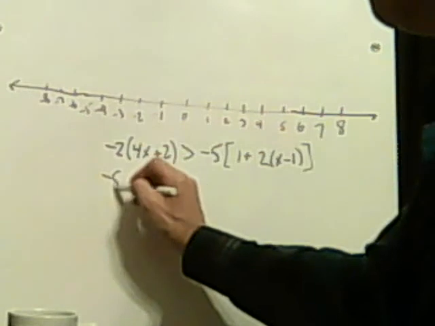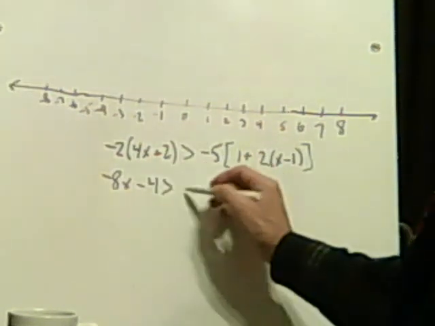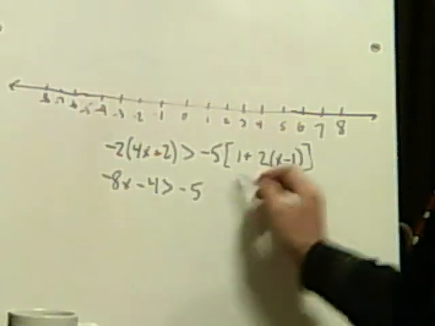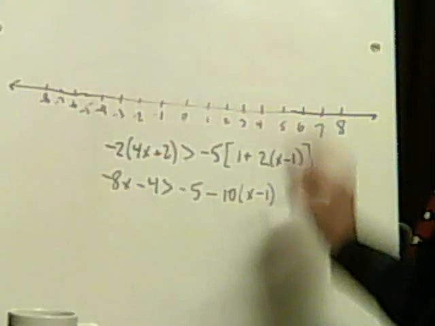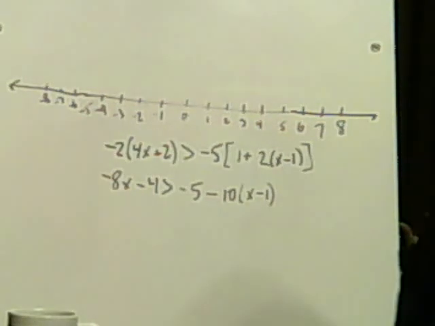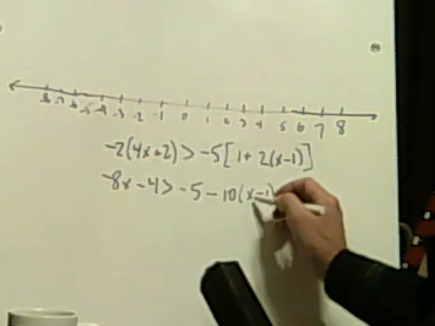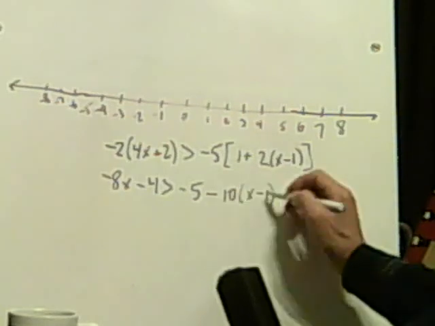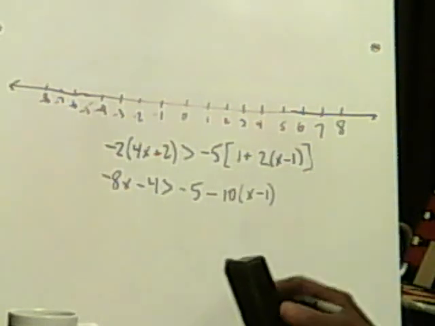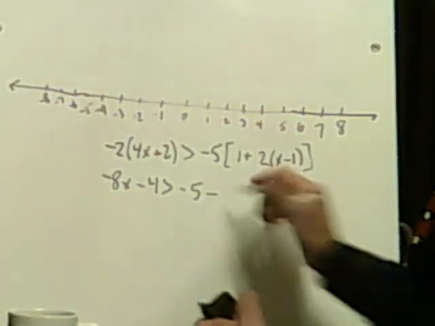So this side is negative 8x minus 4 is greater than negative 5 minus 10 times (x minus 1). Okay? And now I'll turn this 10 times (x minus 1) into 10x minus 10. But because of this negative, that negative, we're going to get plus 10. So this is going to be minus 10x plus 10.